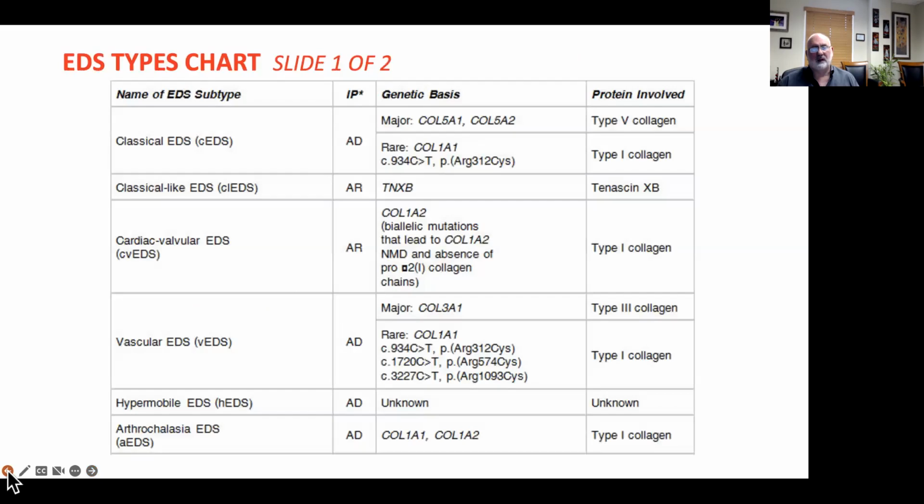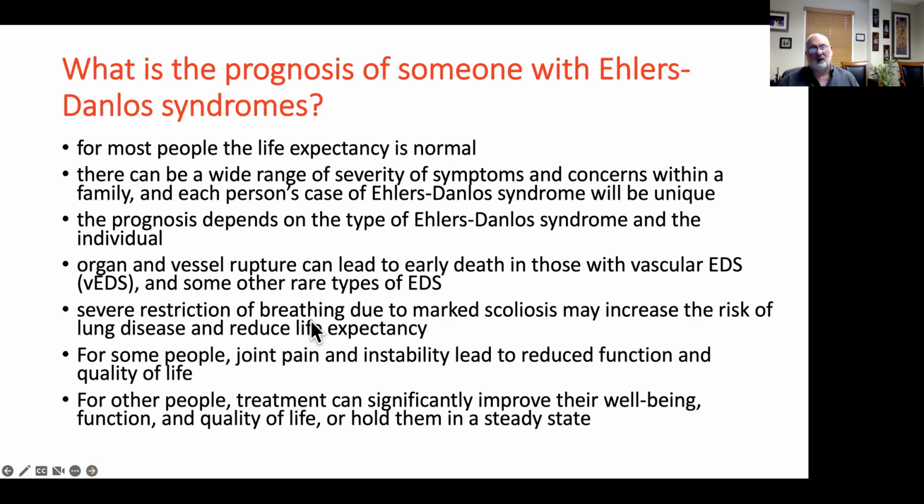So people with EDS have a normal life expectancy, and because everybody's different and there's so many other things associated with having EDS, you just have to say, on a one-to-one basis, where you're at, how bad you are, what other disorders you have on top of the EDS, and then take it from there.